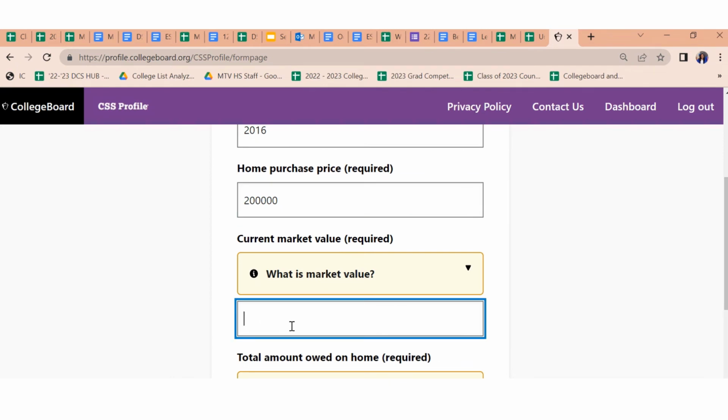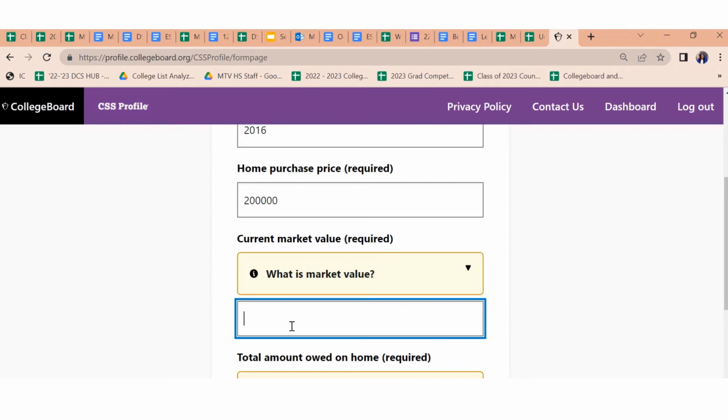Now, this is tricky. There are a few places that you can do this. There are federal websites that can help you estimate the value of your home. I recommend making sure you are not overvaluing the current value of your home.